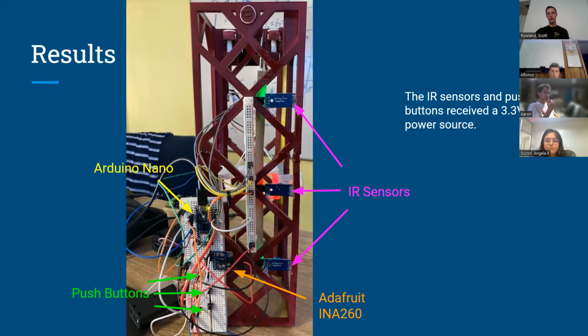And then over on that same breadboard that houses the Arduino, we have the push buttons. And obviously all the wires are connected in order to send the inputs to the proper pins on the Arduino to ultimately allow the Arduino to then send the signal to the DC motor.